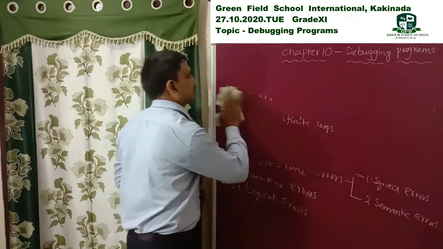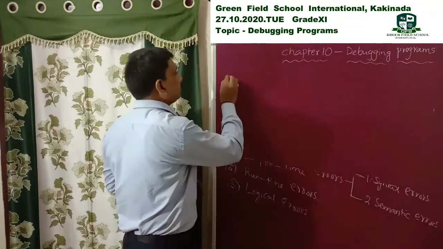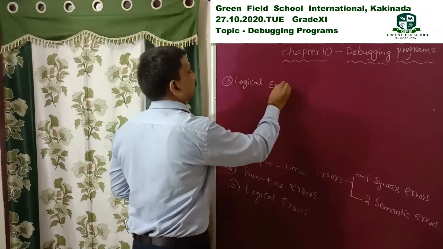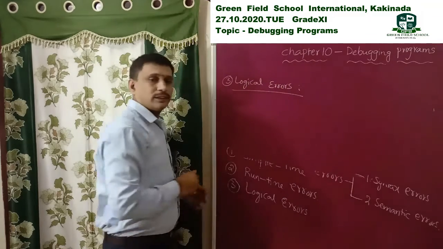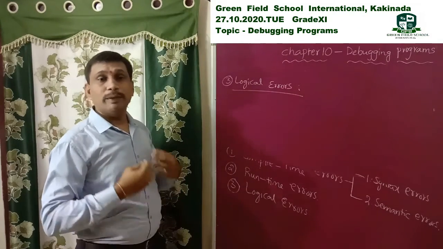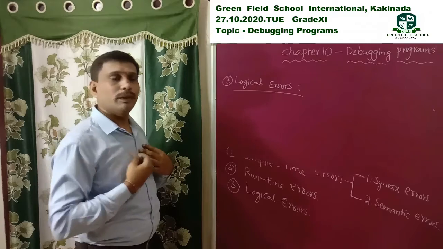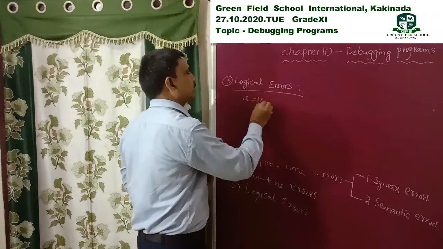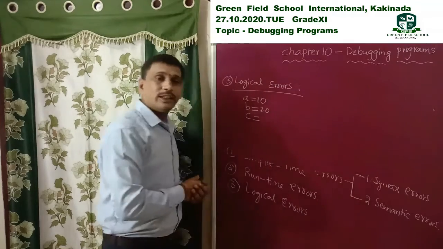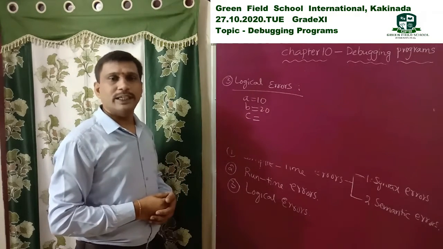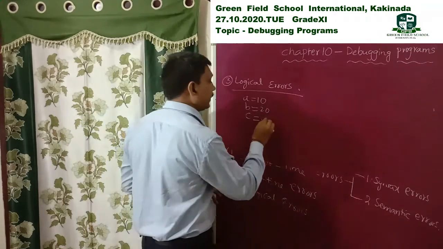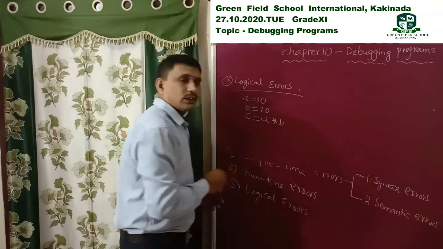Next, coming to logical errors. These are all runtime errors. Coming to logical errors, the third type of errors. Suppose I write the sum of two numbers. My intention is the sum of two numbers. I take a is equal to 10, b is equal to 20. I calculate c is equal to, actually my intention is a plus b, but I write star in place of plus.